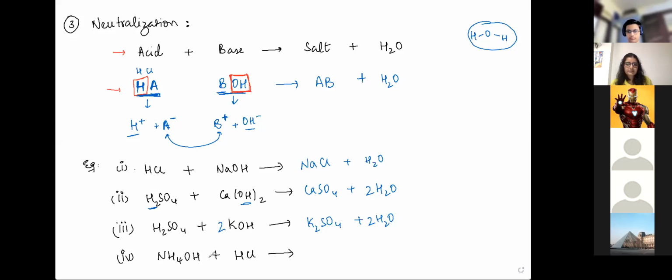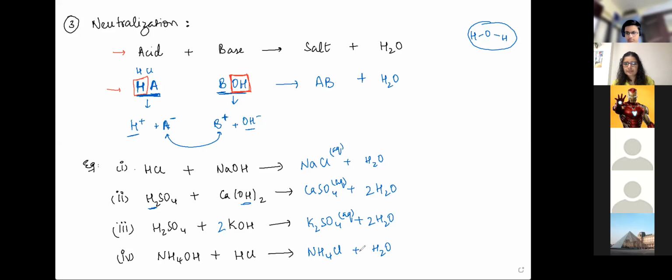Ma'am, is calcium sulfate aqueous? What is the state of calcium sulfate? Oh, so all of them would be aqueous only. Okay. And this will give you ammonium chloride, NH4Cl plus H2O.